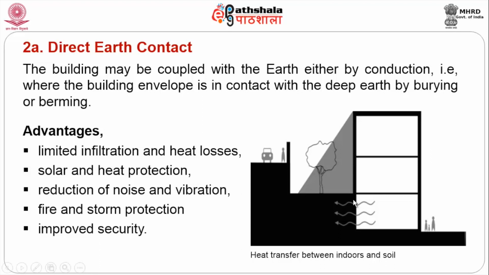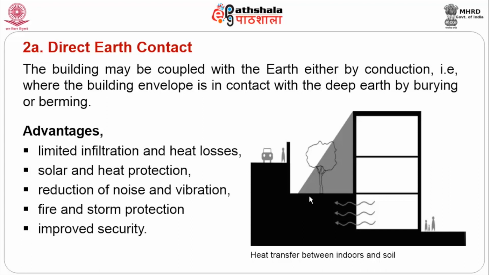By being in contact with the surface of a particular temperature, heat gain or heat loss can happen across the building by means of conduction. The advantages of this kind is it has limited infiltration and heat losses. Because it is in direct contact with the earth, there is no agency for the heat transfer. Therefore, heat loss is very minimal.